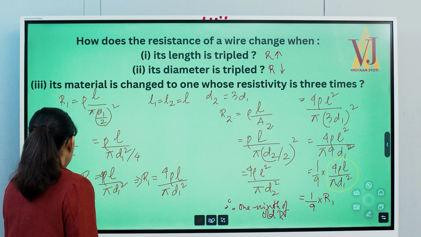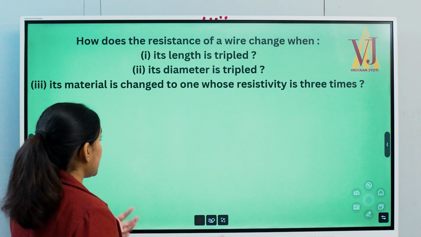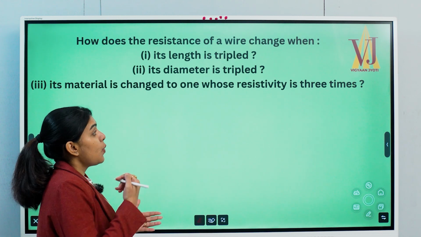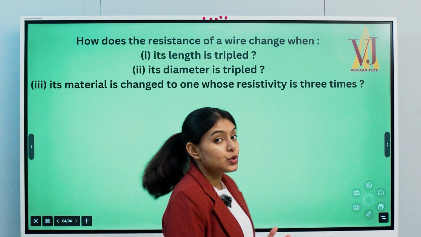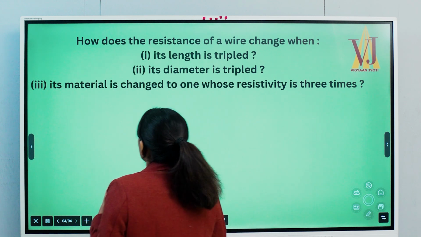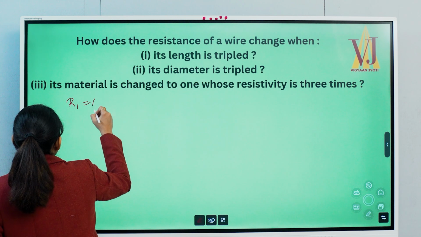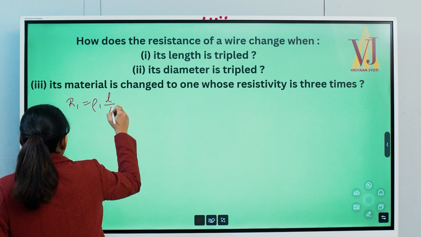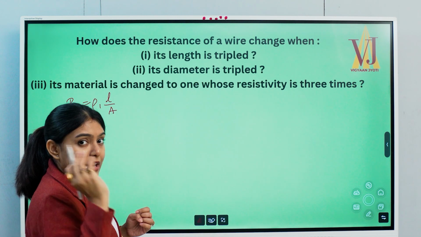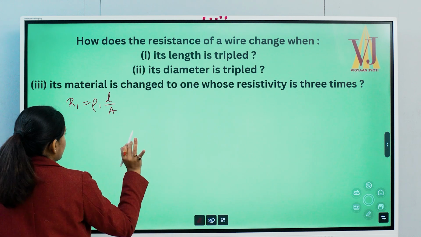Last, its material is changed to one whose resistivity is 3 times. Now this time the resistivity has been changed to 3 times. That means now the material has been changed. Okay. So how am I supposed to do this? R1 is equal to rho 1 L by A, because we know length is fixed, area is also fixed. Okay. That means this is my expression.